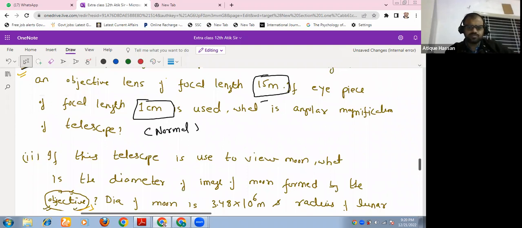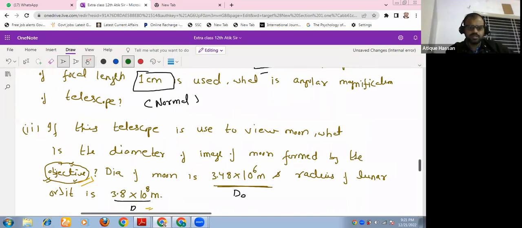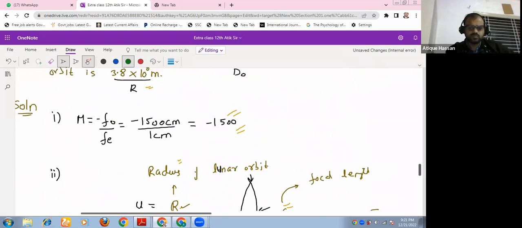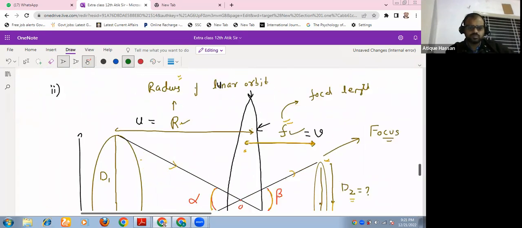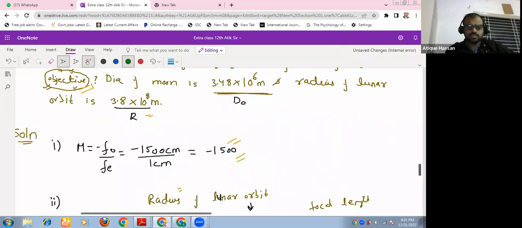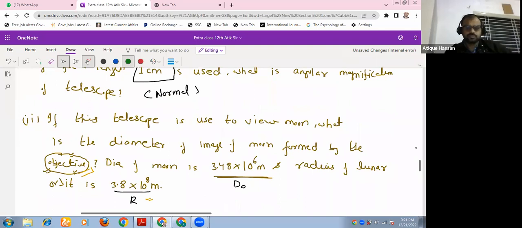In the question, objective focal length is given, and you have to find magnification for the normal case. For that you have to apply F naught by Fe. Then for the second case, all right. So both of you try it as homework. This question. Anyone want me to solve this question? What will you do in the homework?